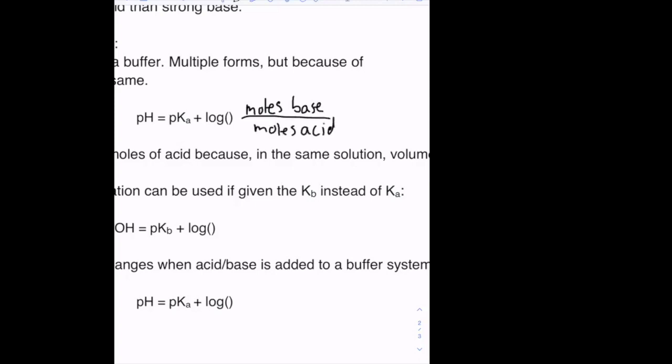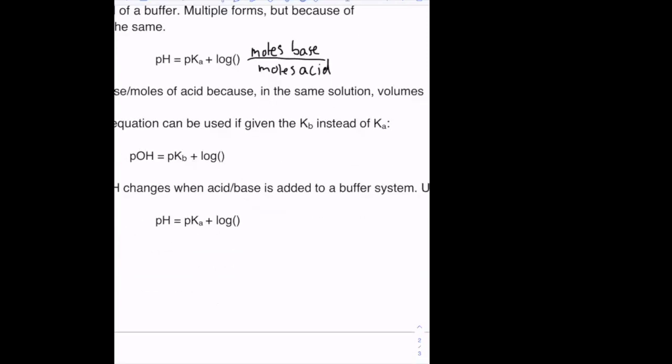Once again, this should be what's in those parentheses. For the pOH form of this, it's going to be moles of acid over moles of base. And those are the two generic forms of the Henderson-Hasselbalch equation.